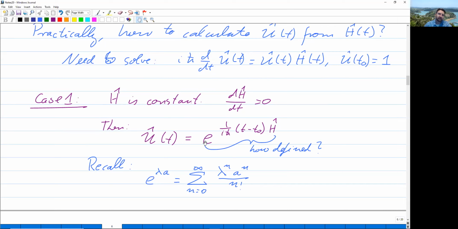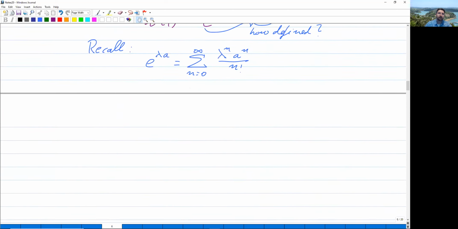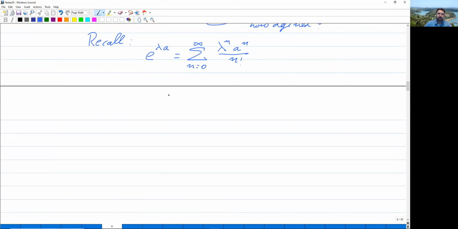But what we can see from this here is that we will need to differentiate that. We will need to differentiate U hat of t in order to check that it obeys the equation of motion. So how does differentiation of an operator, of an exponentiated operator expression work? Well, let's remember how this works for number valued things. It's all very straightforward. We have d by d lambda of e to the lambda a, and we can write this as the sum n equal 1 to infinity of, well, we are differentiating now in here.